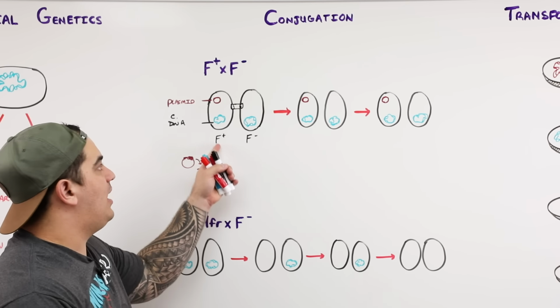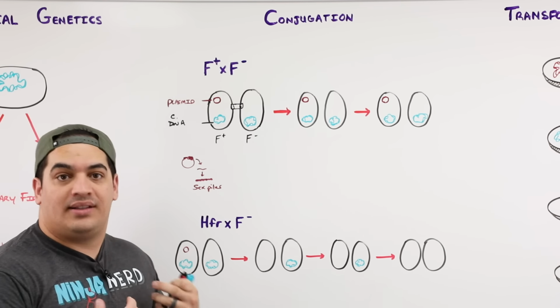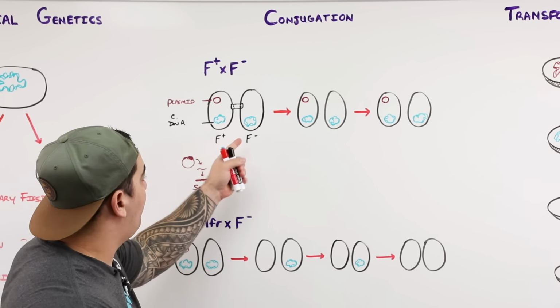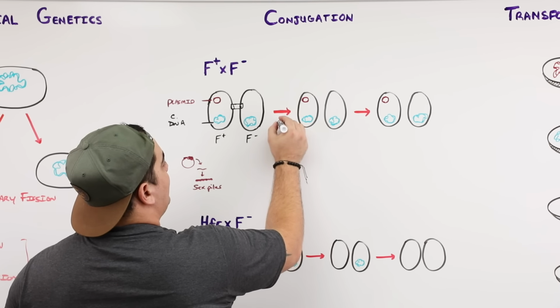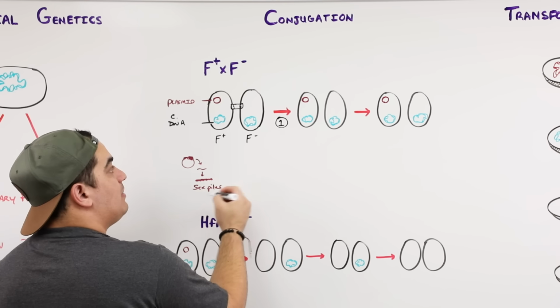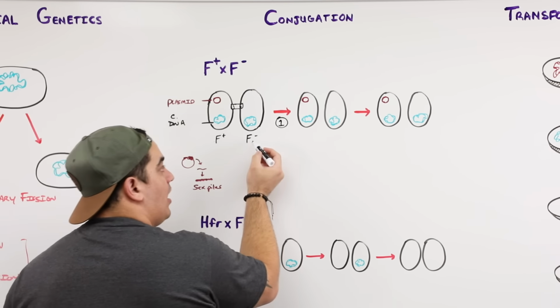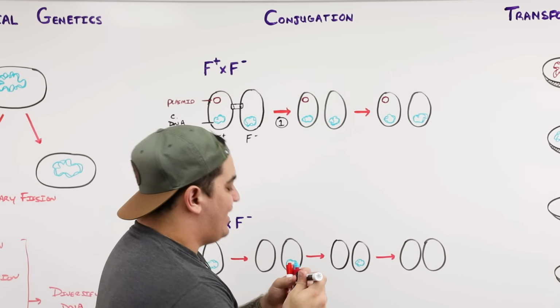The only thing that makes it F positive is the plasmid, which has the gene to make the sex pilus. So the first step is using the F positive cell's plasmid to make a sex pilus connecting the F positive cell to the F negative cell. What happens in the second step?